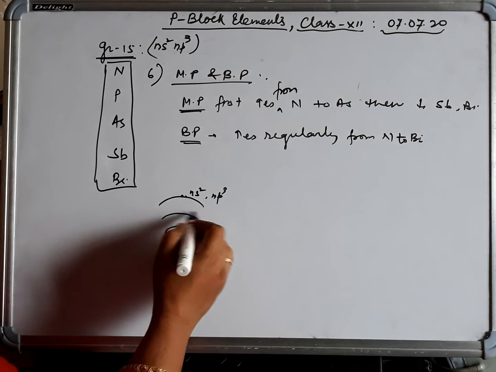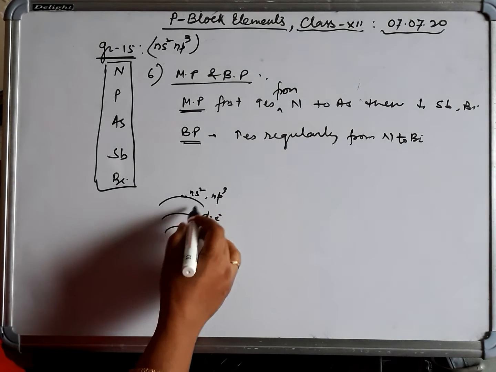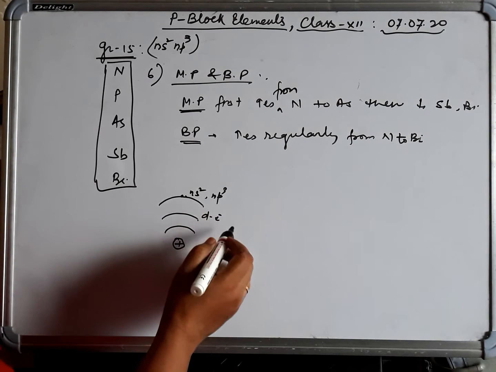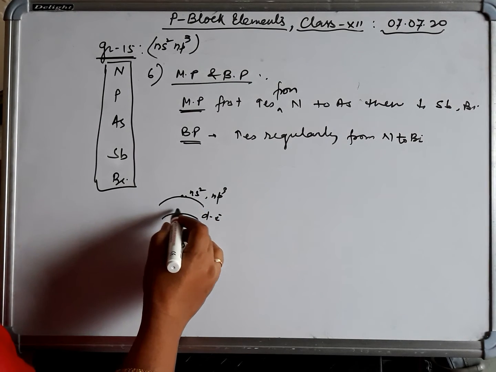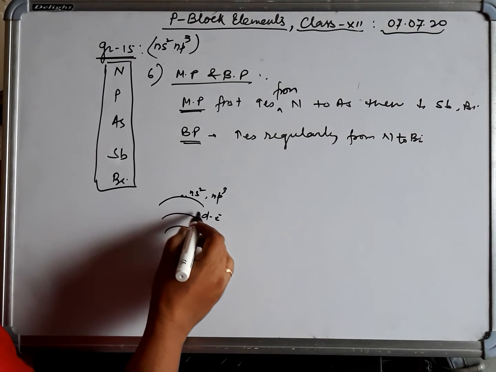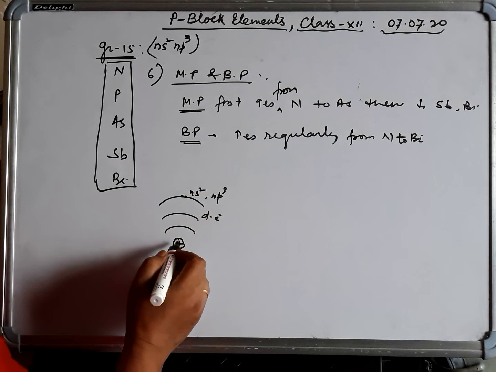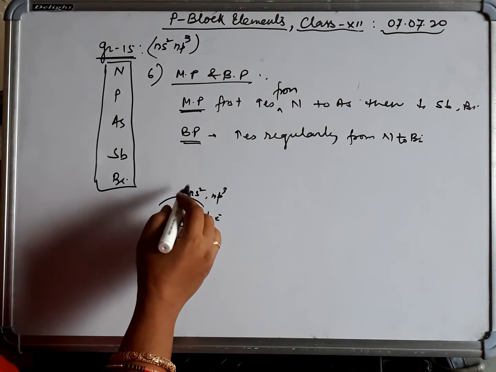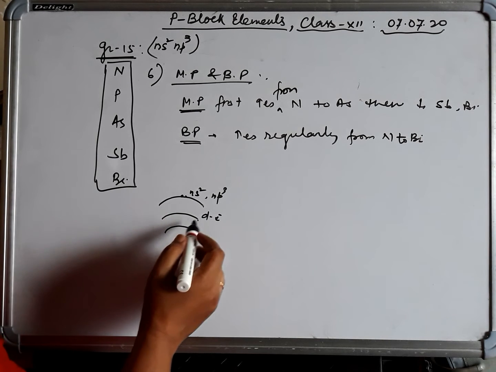Now the inner shell electrons are the d electrons, and we know that the size of the d orbital is large. So electrons in the d orbital do not effectively block or shield the effective nuclear charge falling on the outermost electrons.